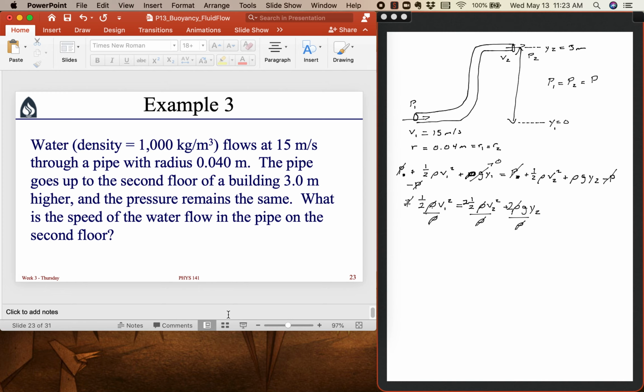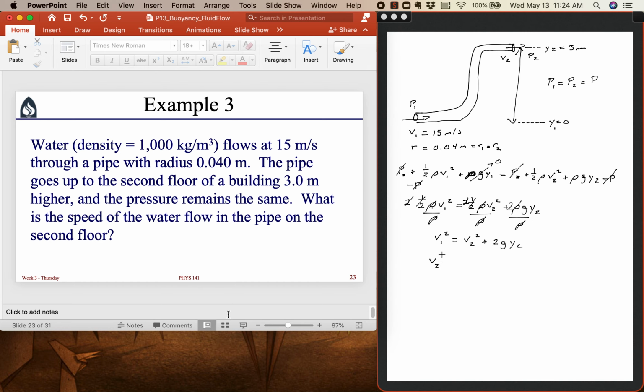And the 2 will cancel with the 1/2 here, and then I get 2 g y2. So now I'm left with V1 squared is equal to V2 squared plus 2 g y2. So now I just have to subtract this term from both sides.